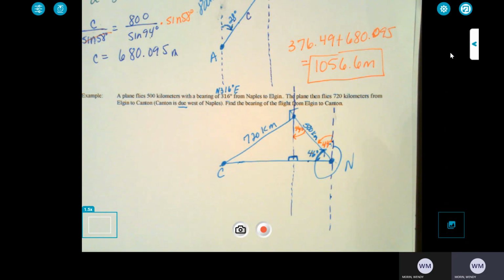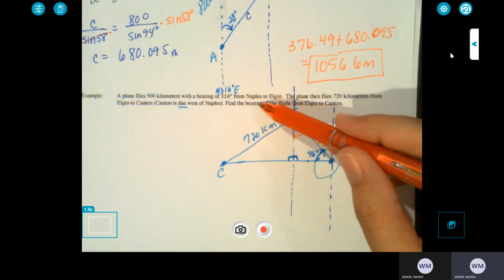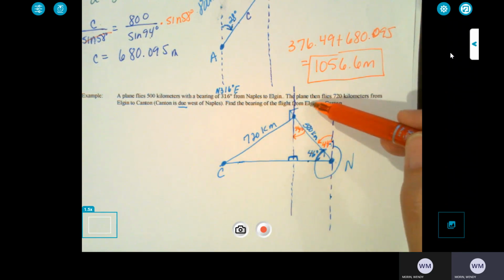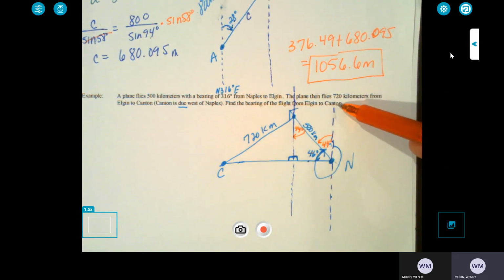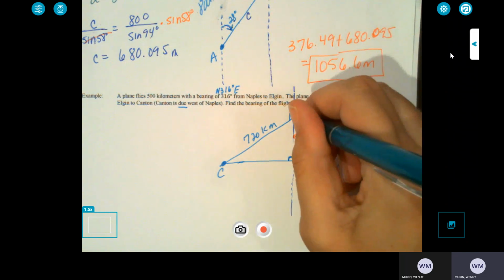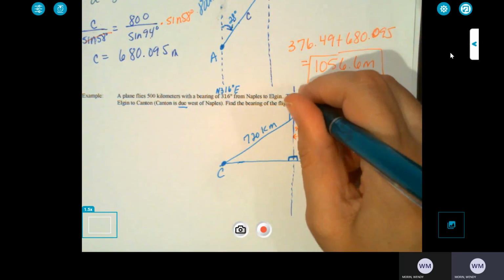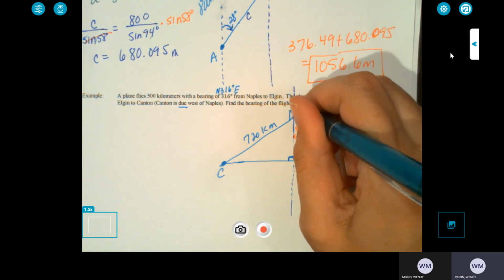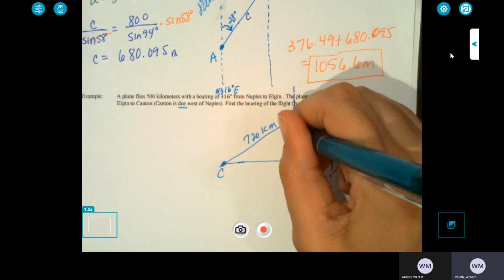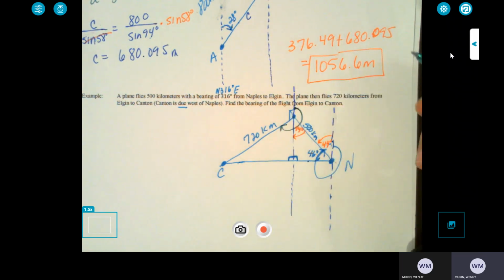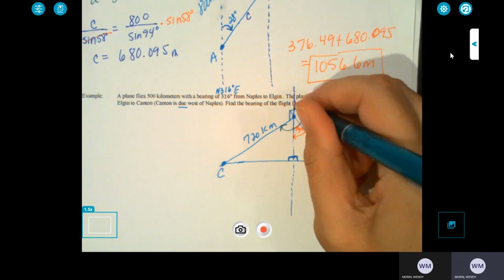So what do they want us to find? Find the bearing of the flight from Elgin to Canton. Okay, well, where is that? What are they asking us to find? So find the bearing. From the north of Elgin, the bearing is clockwise from the north.